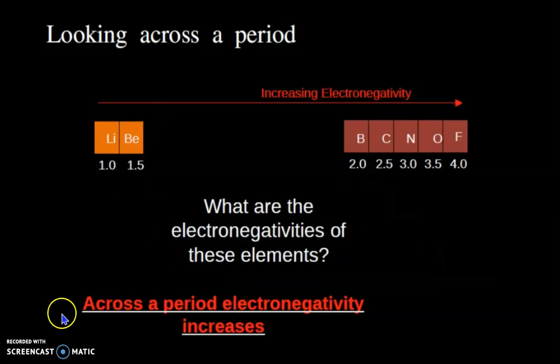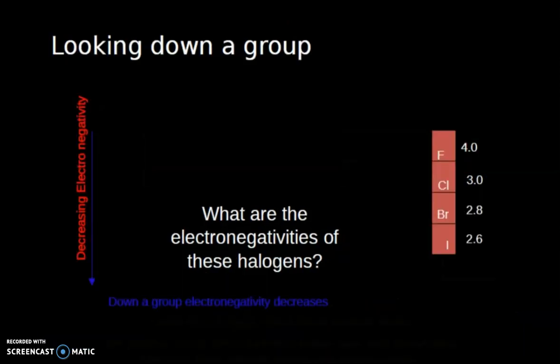Across a period, electronegativity increases from left to right. Now, looking down a group, that is top to bottom, the electronegativity values go on decreasing.